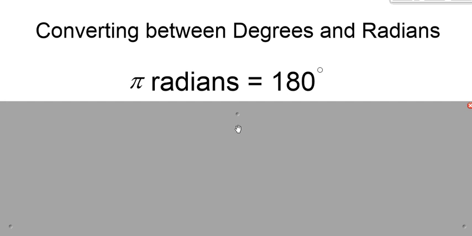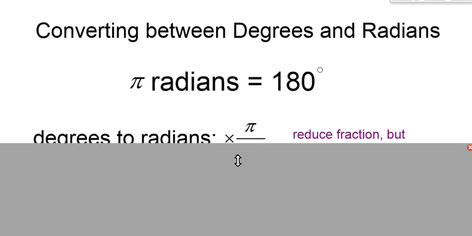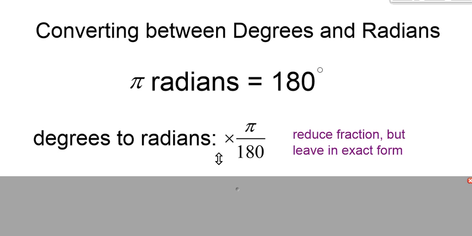So we need to be able to convert between degrees and radians. And in order to convert, we need to remember this relationship, that pi radians is equivalent to 180 degrees. And that gives us these formulas: if I have degrees and I want to translate into radians, I'm going to take the number I have and multiply by this conversion ratio.